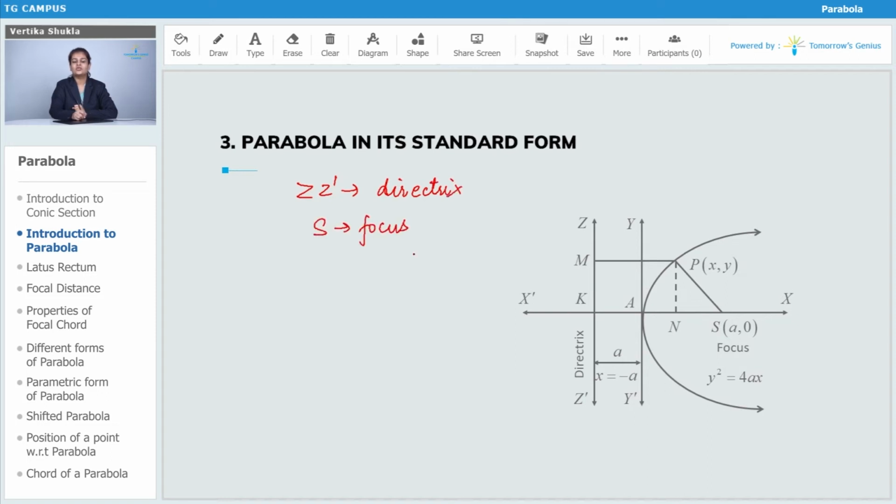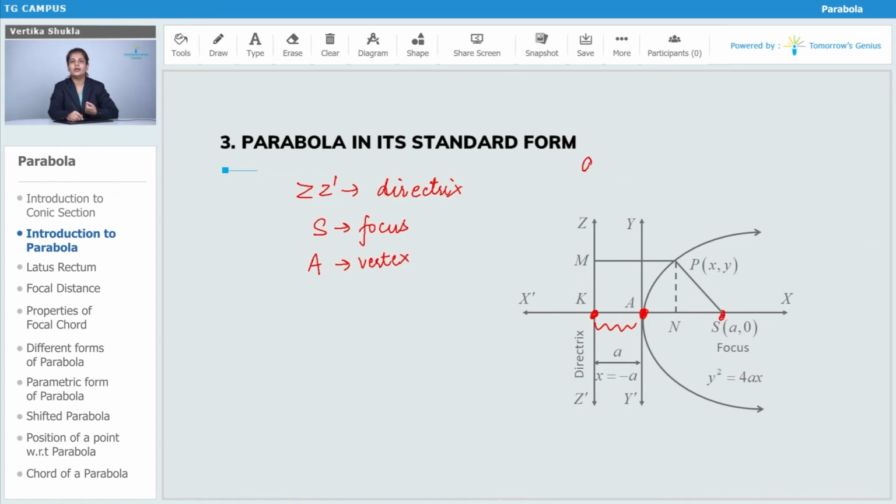One thing that you must remember over here is that this point A is called the vertex. The distance between the point A and the focus is the value of a for a parabola.